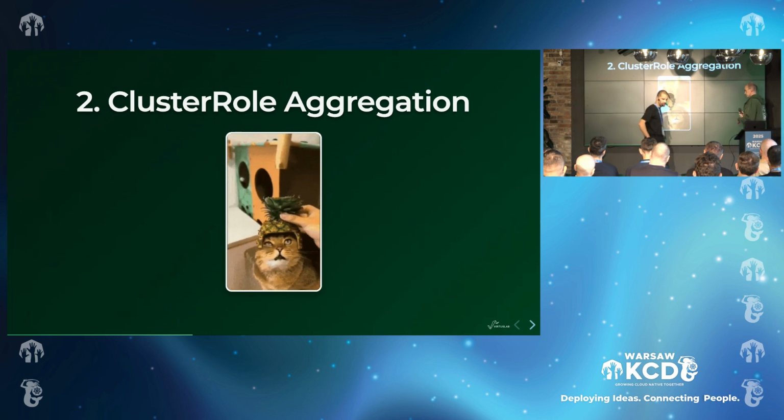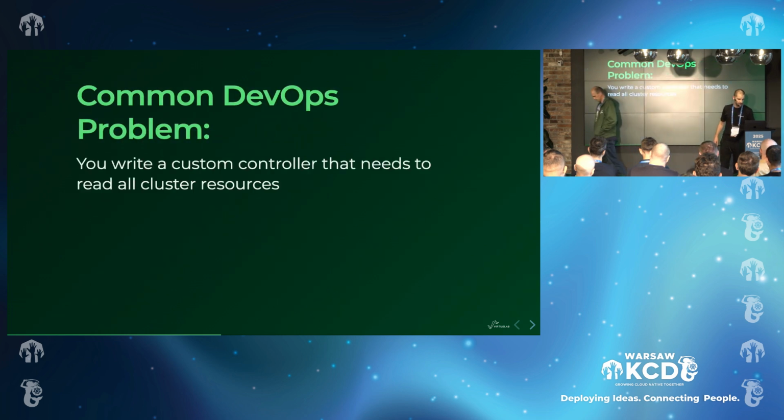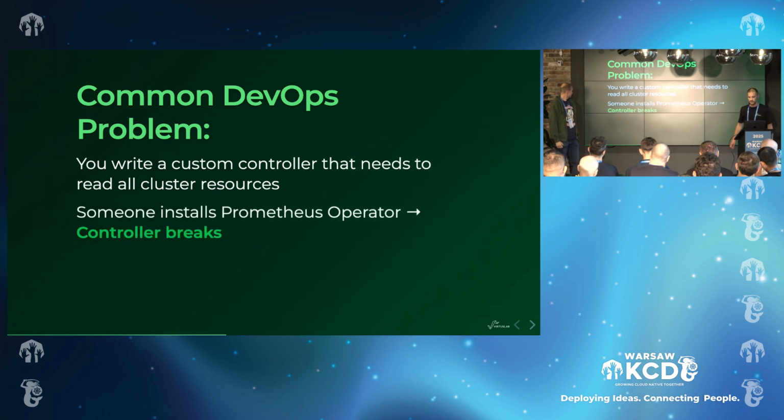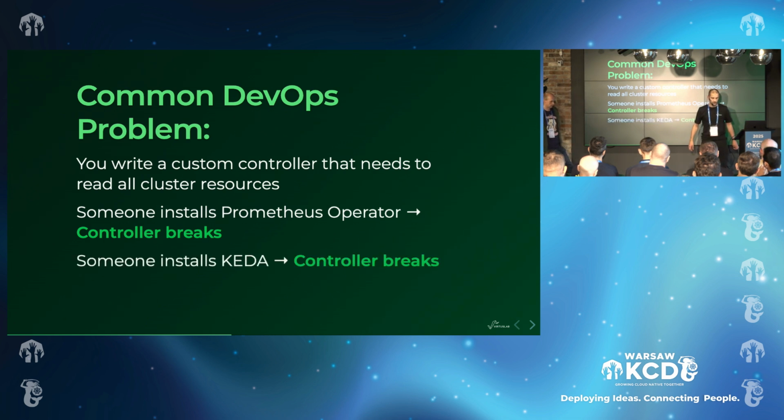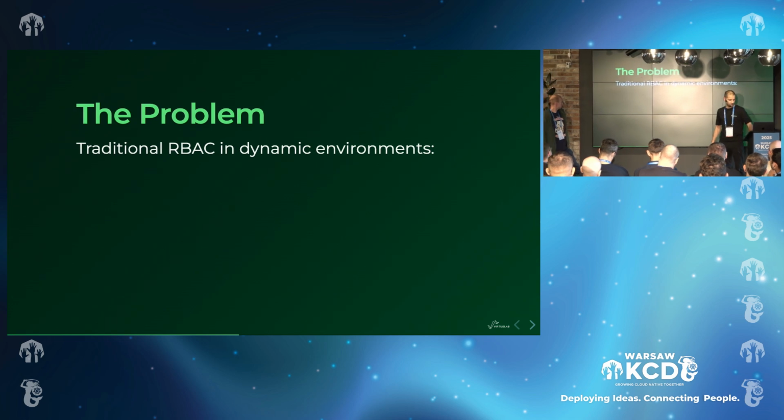Okay, some custom role aggregation. So what's the problem? Let's say you write a custom controller that needs to read all the Kubernetes resources, and someone installs Prometheus operator, and your controller breaks. Someone installs KEDA, your controller breaks, or someone installs Istio, also your controller breaks. So why is that?